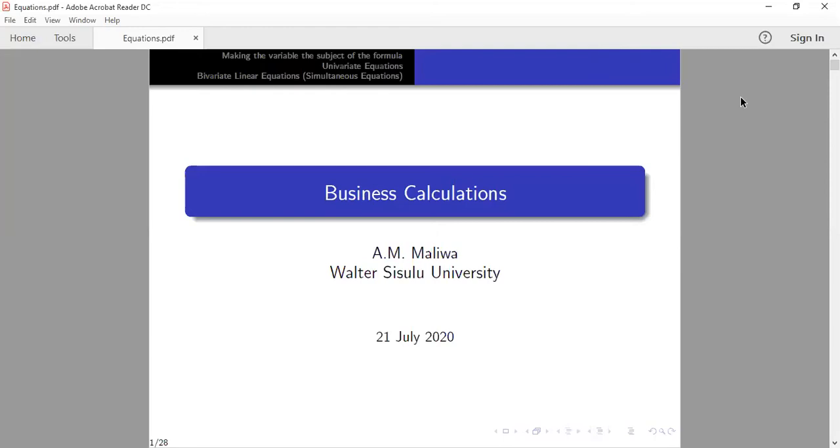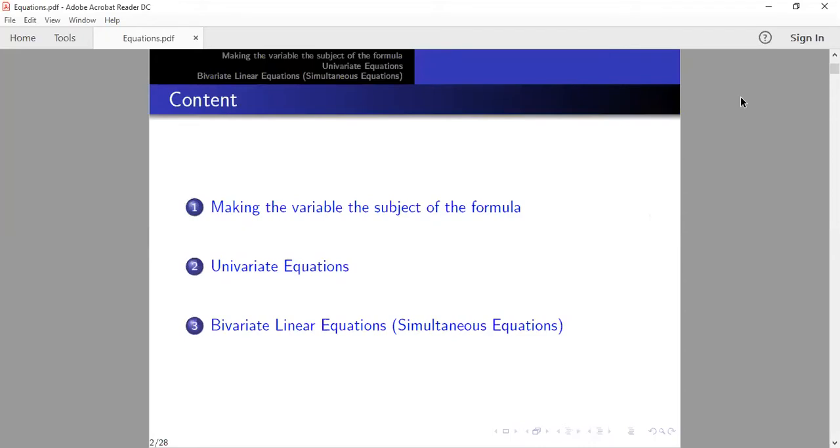I will be doing equations, and I will be doing them from the first three chapters. First chapter, of course, being how to make variables the subject of the formula. The second section being how to work with univariate equations.